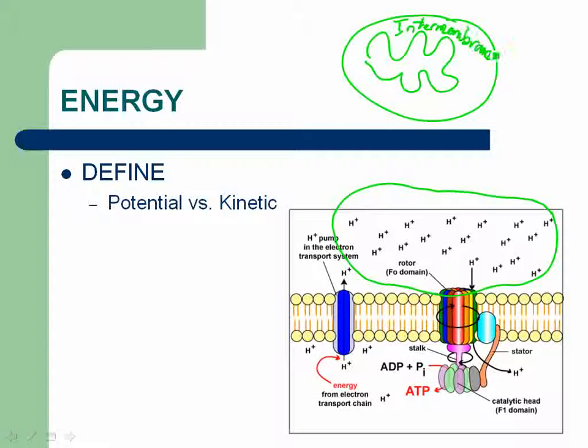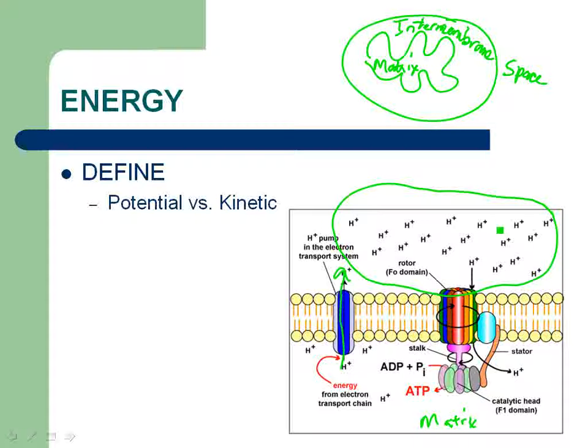The inner area would be the matrix. As those hydrogen ions build up on one side, you see them flowing from the matrix to the intermembrane space, and they build up until we have a higher concentration gradient of hydrogen ions on one side of the membrane than the other.